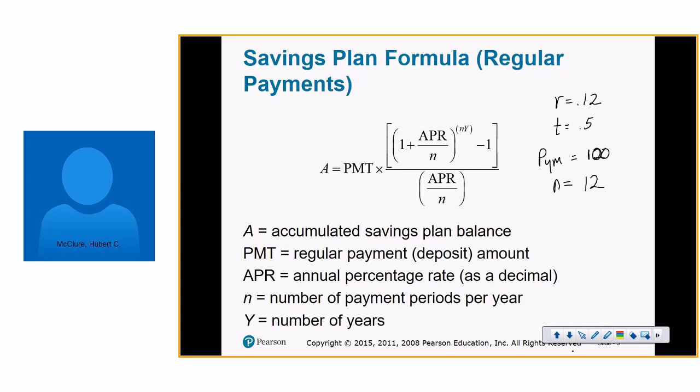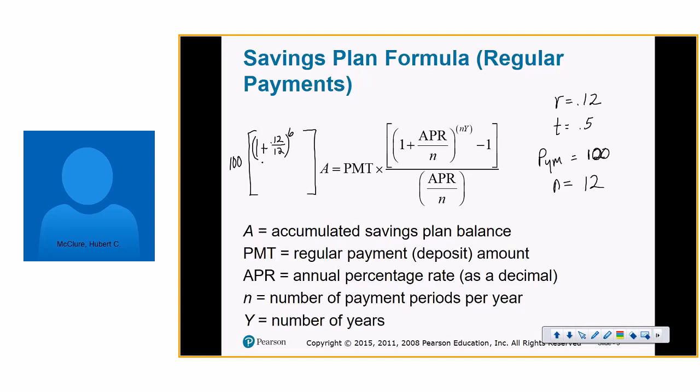And I'm going to go over here and just write it down because I can do everything in the calculator. So 100 times 1 plus 0.12 divided by 12 raised to the nt power. So what's half of 12?